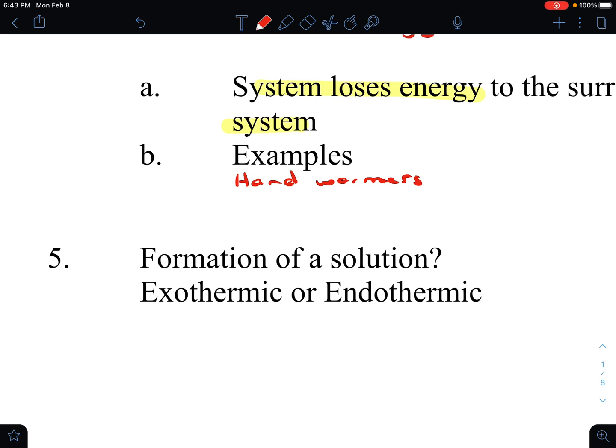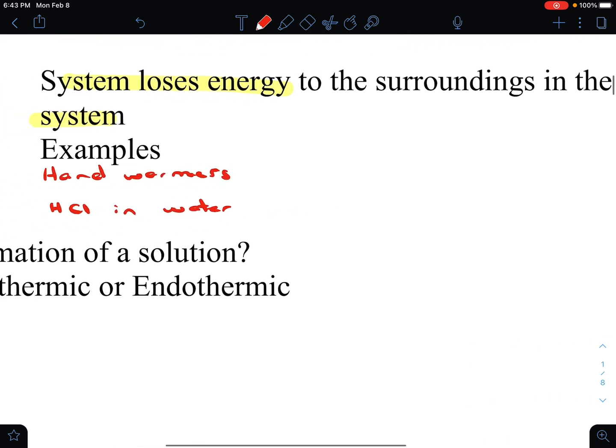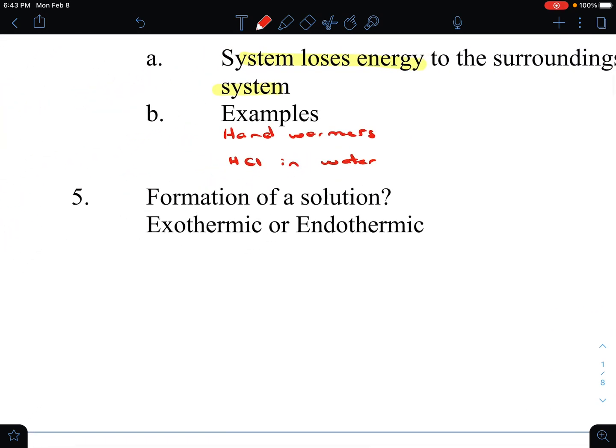The other one is dissolving HCl in water. If you feel this reaction, it is very exothermic. It gives off a ton of heat. In fact, if you're making it for a thermodynamic reaction, you have to make it the day before so it does not get too hot. That brings us to the formation of a solution. Sometimes our solutions are exothermic when we're making them, and sometimes they're endothermic.